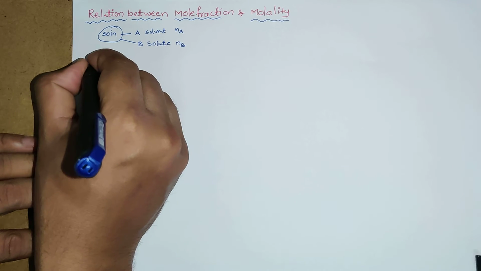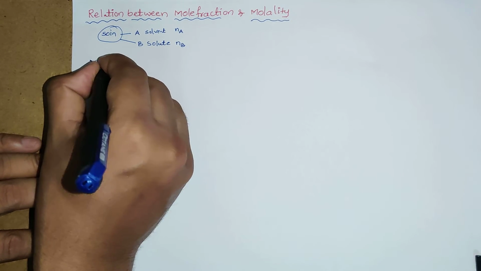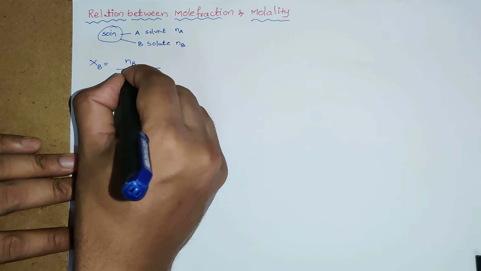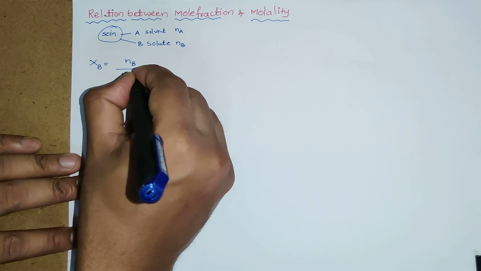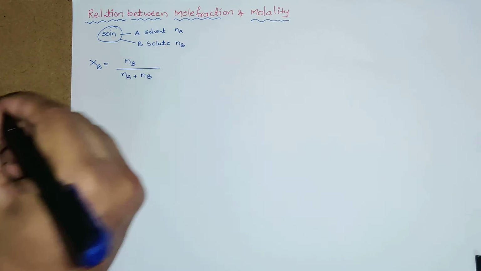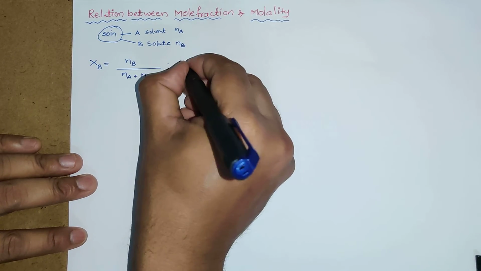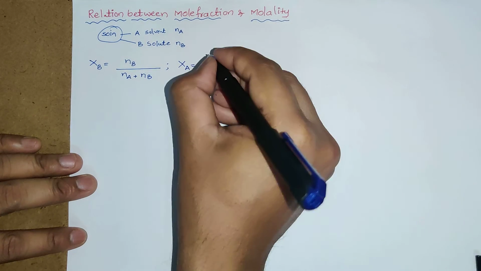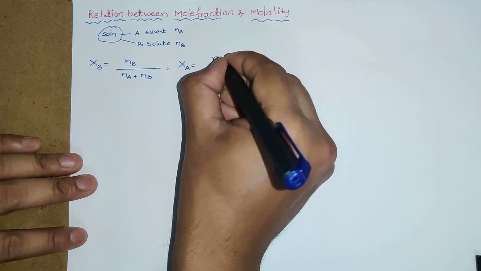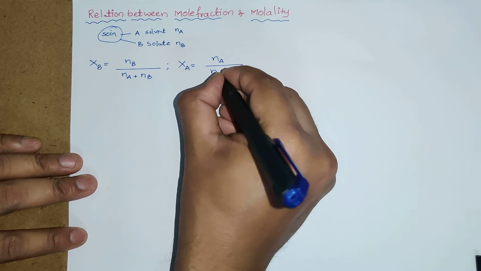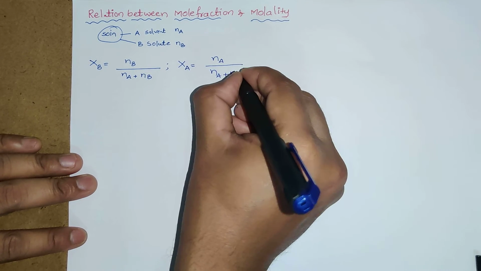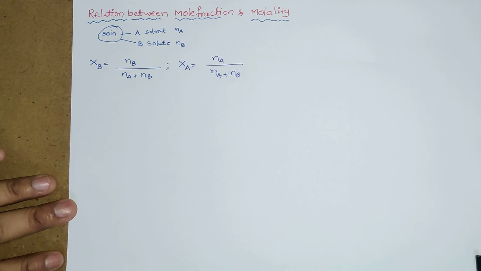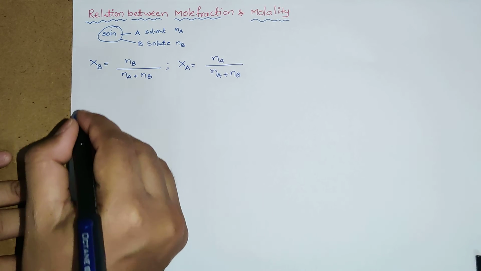Then what is the mole fraction of solute? Xb is equal to number of moles of solute by total number of moles of components, Na plus Nb. Similarly, mole fraction of solvent Xa is equal to the number of moles of solvent by total number of moles of components present in the solution, Na plus Nb.